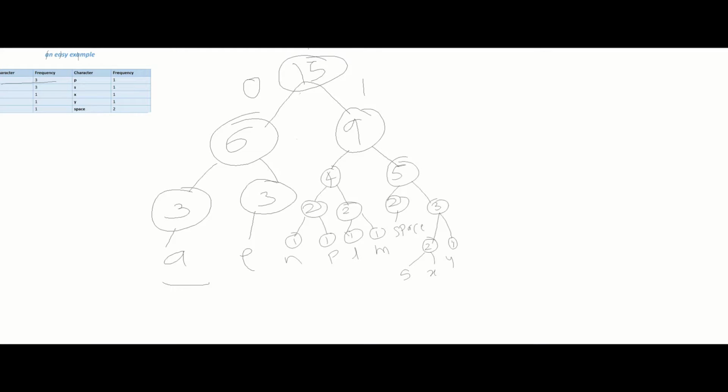Again, when you have 6, here you will have 0 and 1. The value of A is going to be 00. When you have to calculate the value of E, you keep tracing until you find the final node. So for E it's going to be 01, and so on.